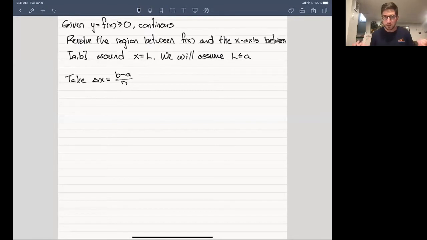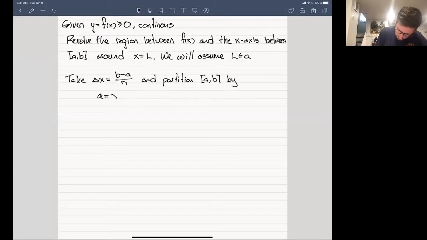So the way that we usually start this out, we partition the interval AB by A, we'll call that x0, which is strictly less than x1, which is strictly less than x2, all the way up until we get to xn, which is equal to b, where the gap between any two of these points is exactly delta x.